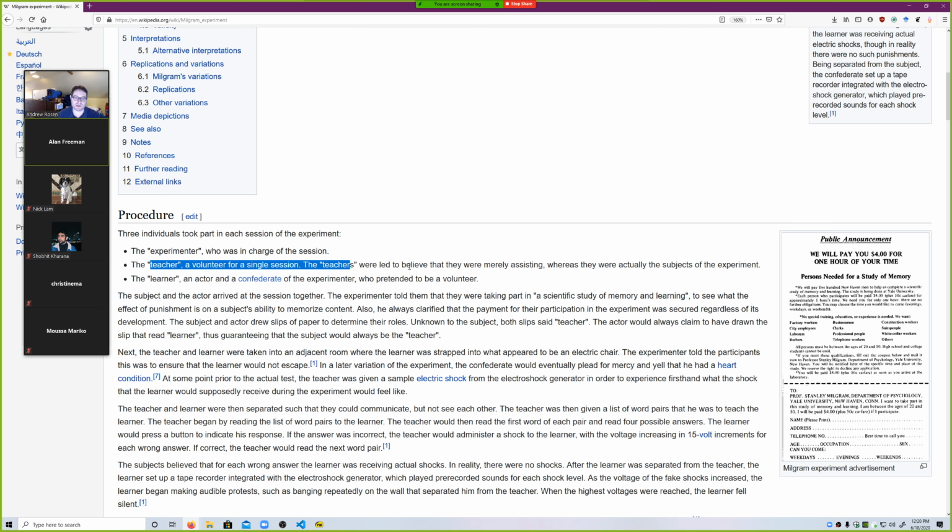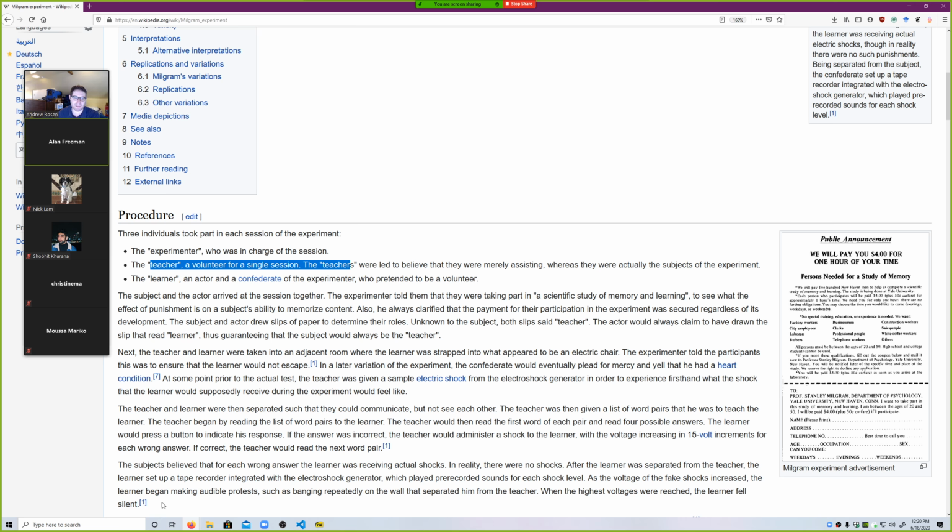The teachers were led to believe they were merely assisting in the experiment, whereas they were actually the subject. And the learner was an actor, pretending to be another volunteer. So they would randomly choose roles, and the person who actually volunteered would be the teacher, and the learner would be the confederate.